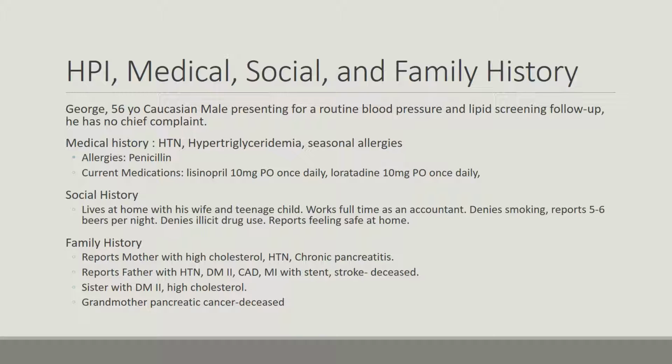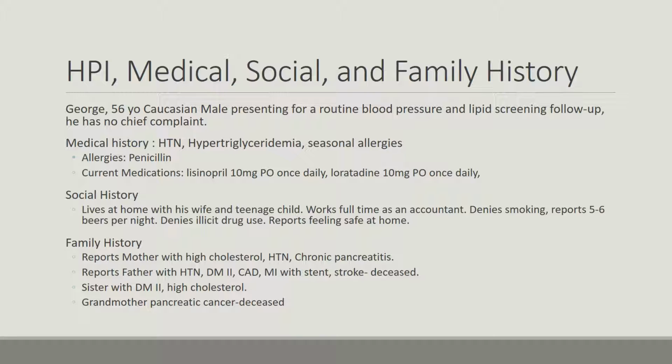Family history is significant. Mother with high cholesterol, hypertension, chronic pancreatitis. Father with hypertension, diabetes mellitus type 2, coronary artery disease, MI, and deceased from a cerebral vascular accident. Sister with diabetes mellitus type 2 and high cholesterol, and a maternal grandmother with a history of chronic pancreatitis, deceased from pancreatic cancer.